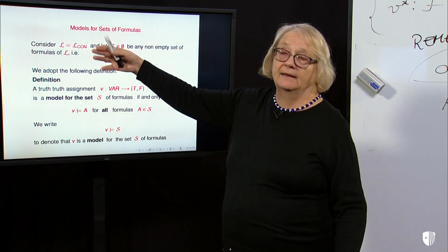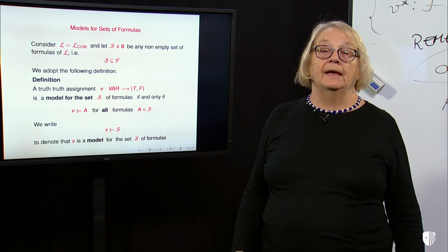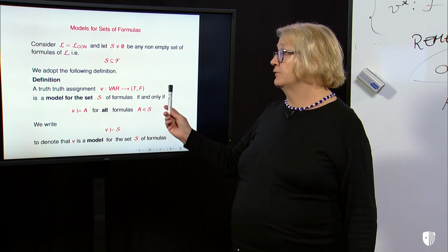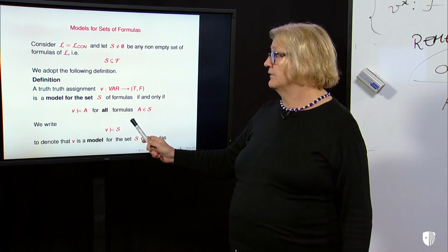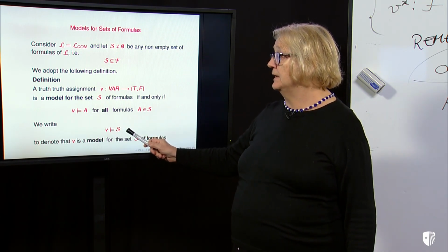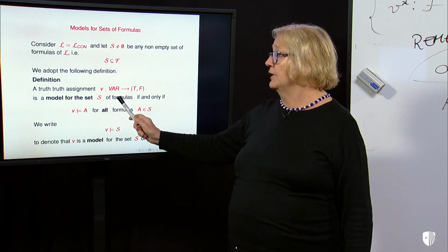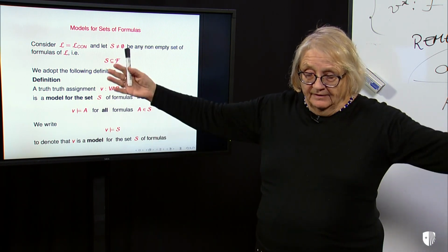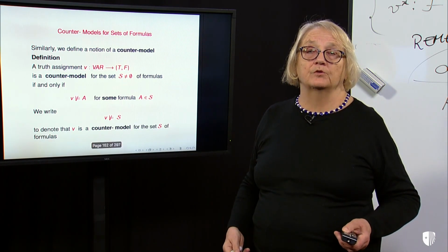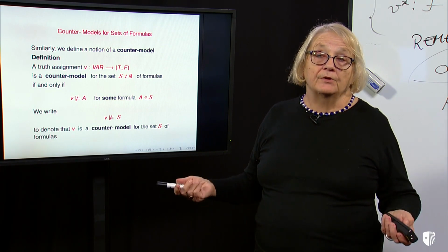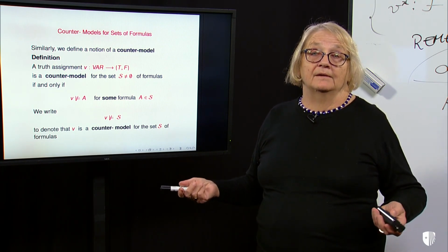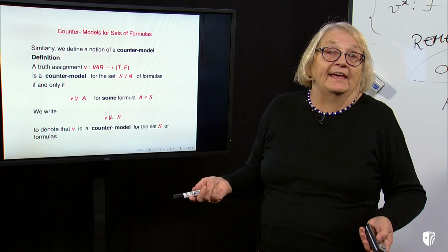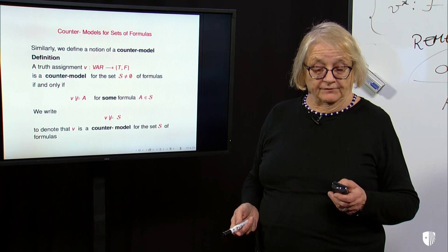And we say that V is a model of the set of formulas S if and only if V is a model for each single formula of S. So it means V satisfies all formulas. And of course, V is a countermodel of a non-empty set if and only if V does not satisfy A for at least one formula, for some formula A.